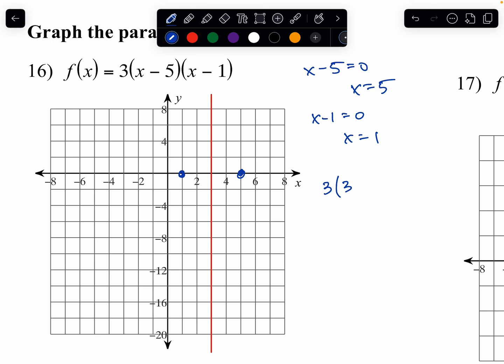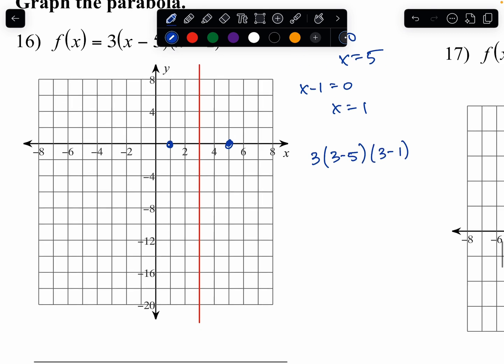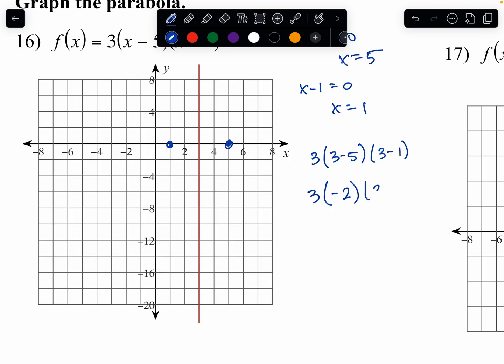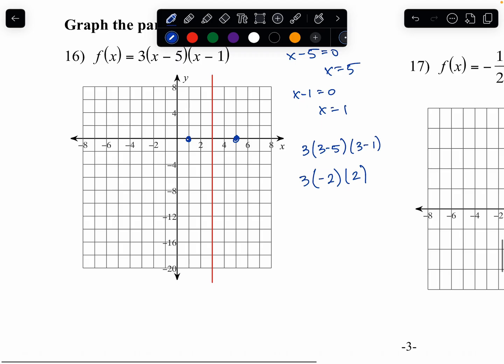So then we're going to have 3. We're going to plug in 3, so we get 3 minus 5, and then 3 minus 1 here. So then we're going to get 3 times negative 2 times 2. So that's going to become negative 6 times 2, and that's going to become negative 12. Okay, I think that should be right.